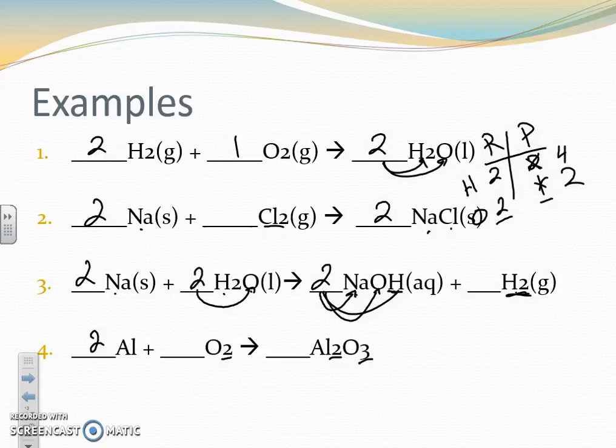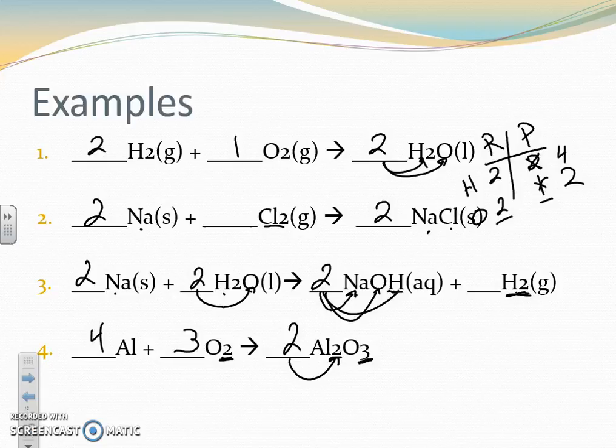But I also know that my least common multiple of 2 and 3 is 6. So how do I get this to 6? Well, I can multiply by 2 to get it to 6. And then to get this one to 6, I can multiply by 3. Okay, so now I have 6 oxygens on both sides, but I did just change my aluminums as well. So, okay, I do have to erase and change that to a 4.